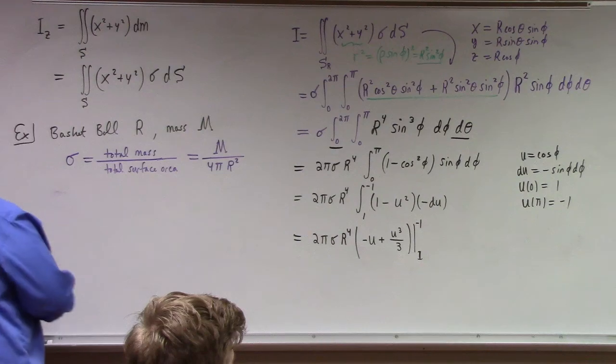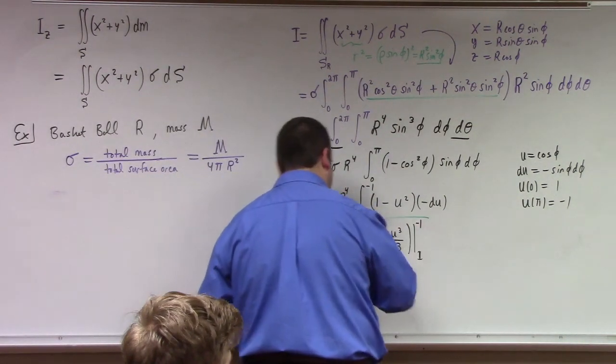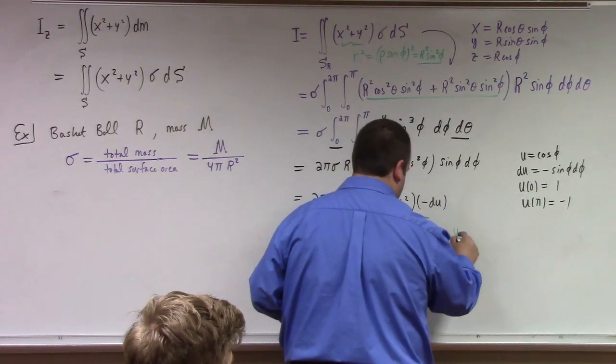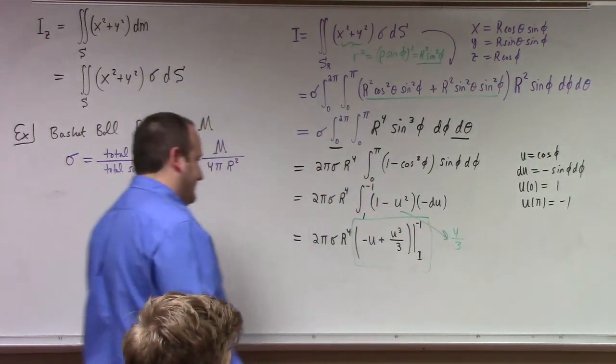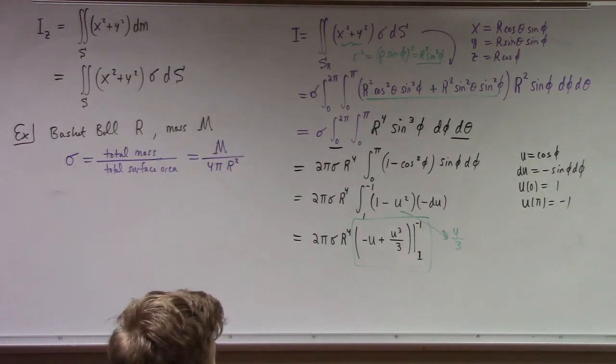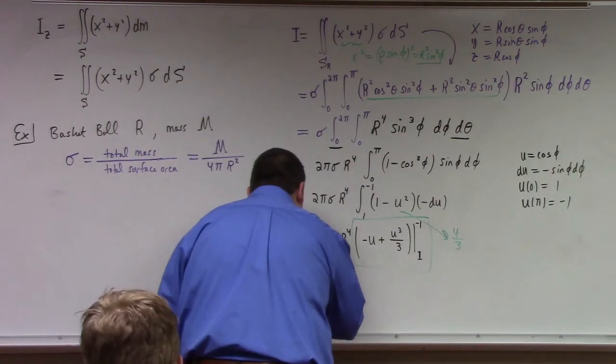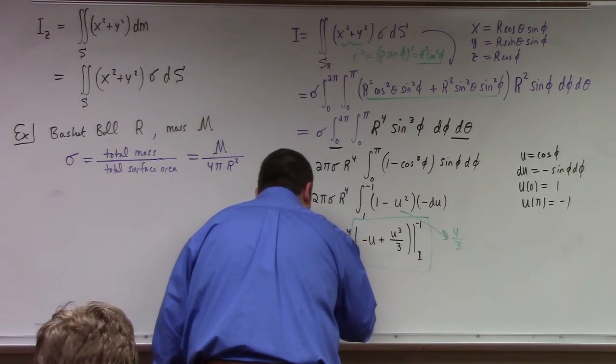Aha! A useless fact was recorded in my brain. This integral does work out to 4/3. Yay. So that, in fact, does work out to 4/3. And what do we got? We've got 2 pi. What was my sigma?